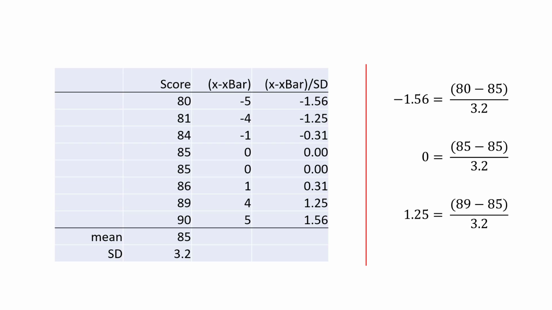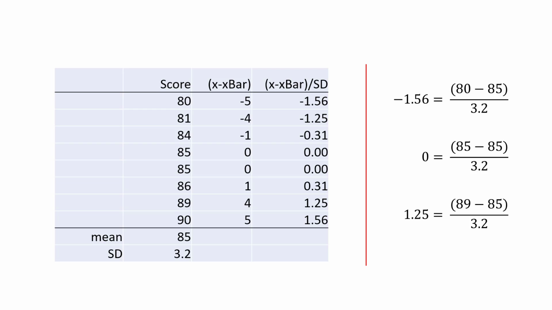You can see that a score of 85 over here has a z-score of 0. That makes sense because 85 is 0 standard deviation units away from the mean, which is 85. Negative z-scores are less than the mean. Positive z-scores are greater than the mean. And the smaller the z-score is, the closer it is to the mean.